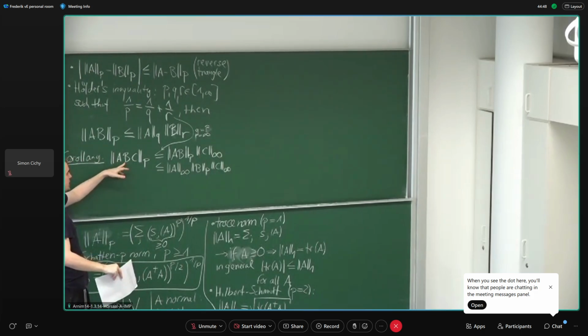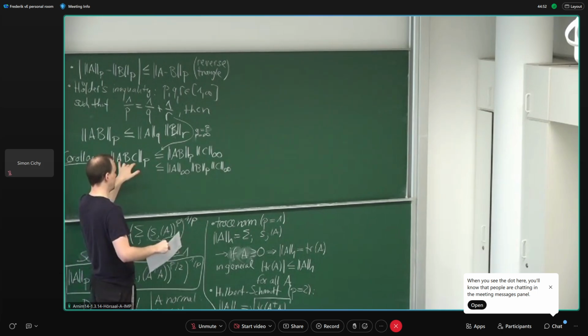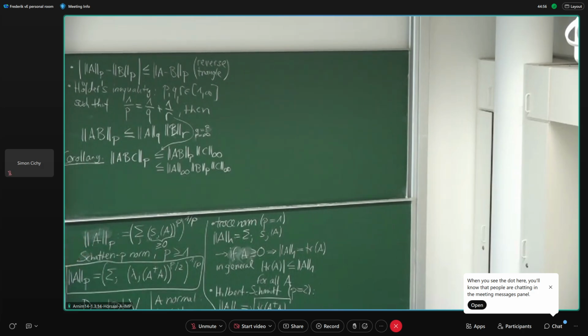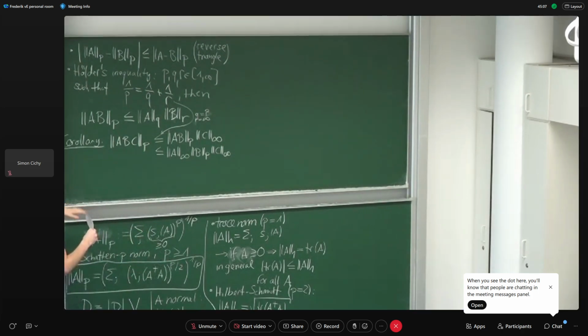As an example, if B were a difference of states and A and C were unitary, then you can split off these unitaries for free because unitaries have operator norm 1. Actually, unitaries are characterized by the fact that all their singular values are 1. So in particular, the operator norm is 1. Okay, that's one of them.